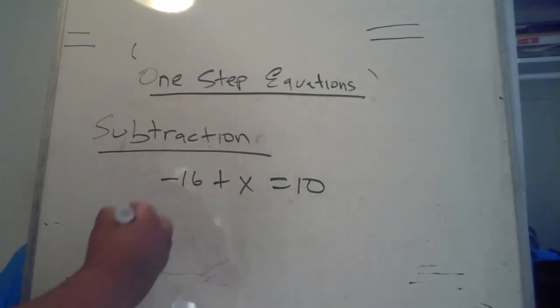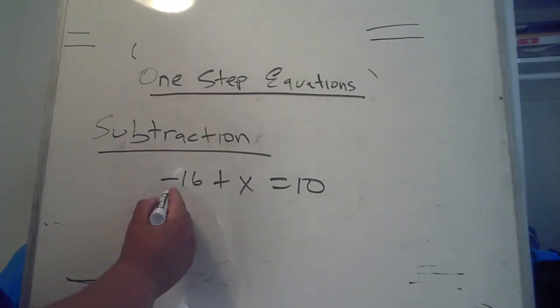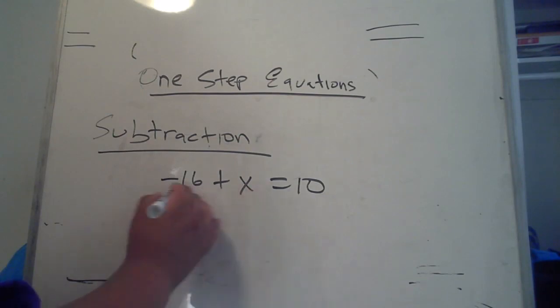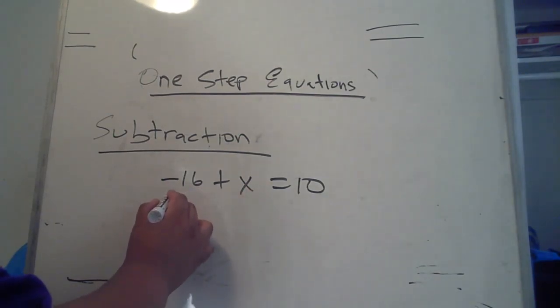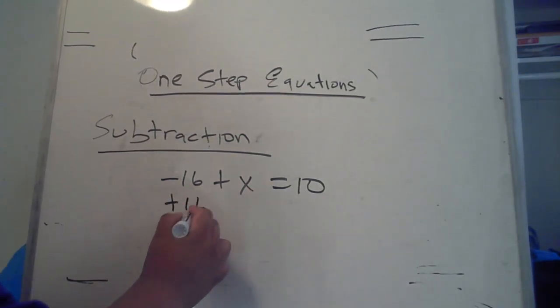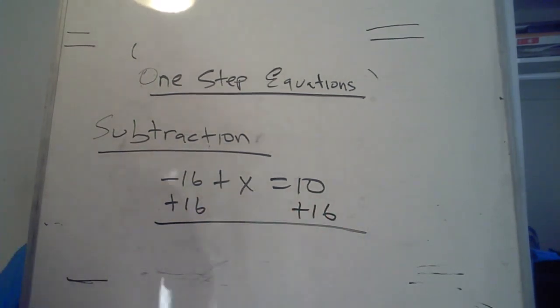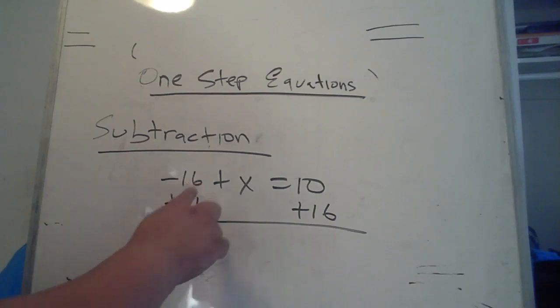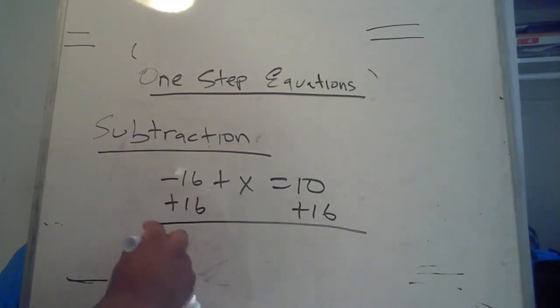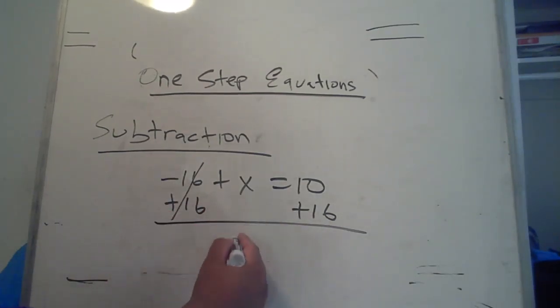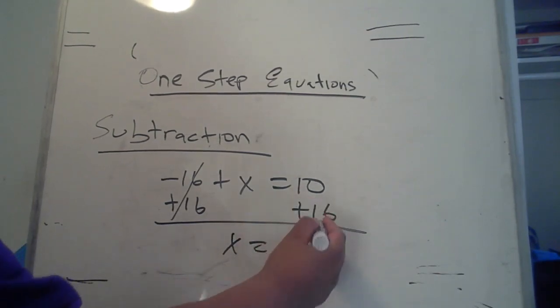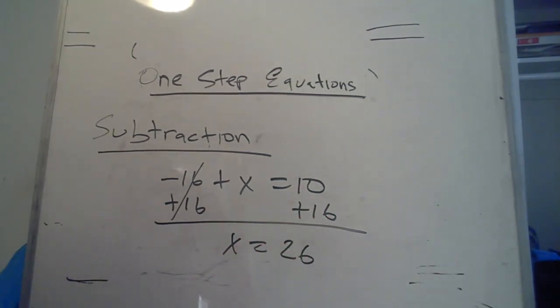It doesn't matter as long as you do the same process, which is do the opposite and leave the variable on one side. We have a minus 16, so we do plus 16. Don't forget, whatever we do to one side, we do to the other. These cancel. We're left with x equals 10 plus 16, 26.